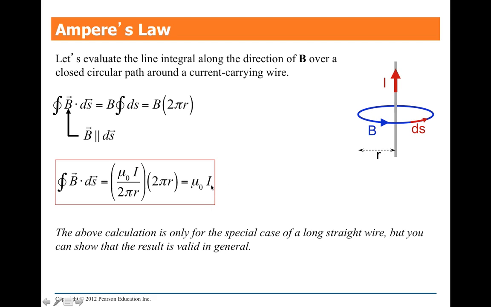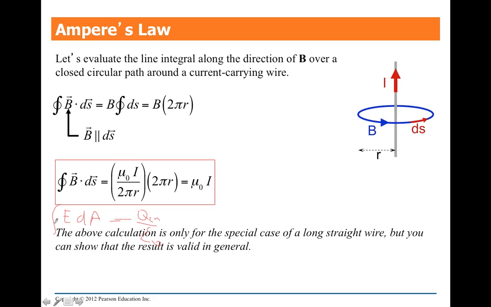Now this is analogous, or not analogous, but if you remember, we've done something similar to this, where we've used Gauss's law, and there's a big difference between these two. Before we had a closed surface, so it was E dotted with dA, and then we said it's equal to Q enclosed over epsilon naught, right?